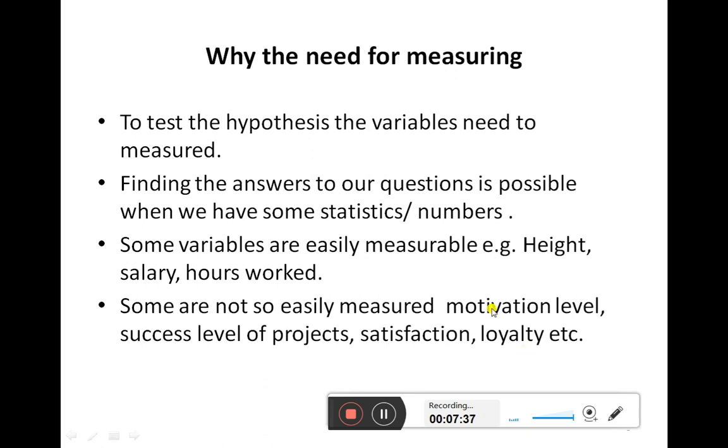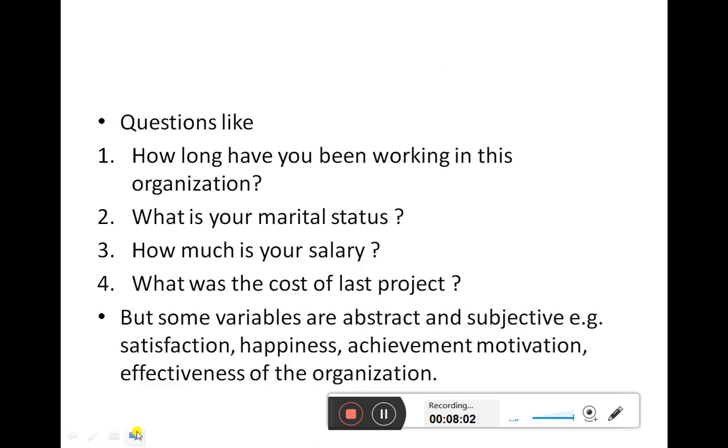The level of motivation, loyalty, commitment, satisfaction, achievement, aspiration, all these are variables we are not able to measure directly. So to measure such variables, we need the operational definition method. Hope a bit of the idea is clear now.